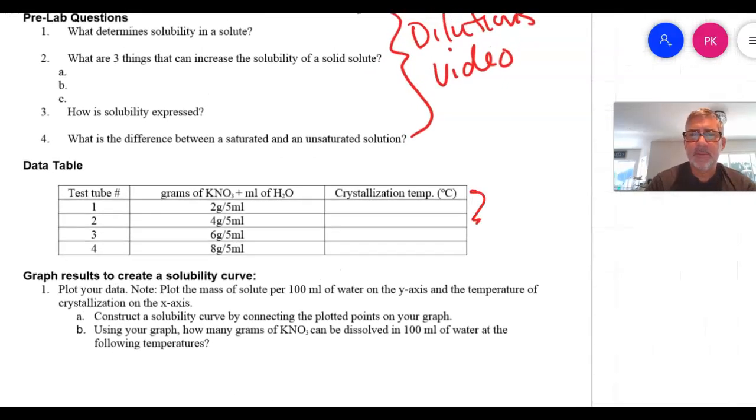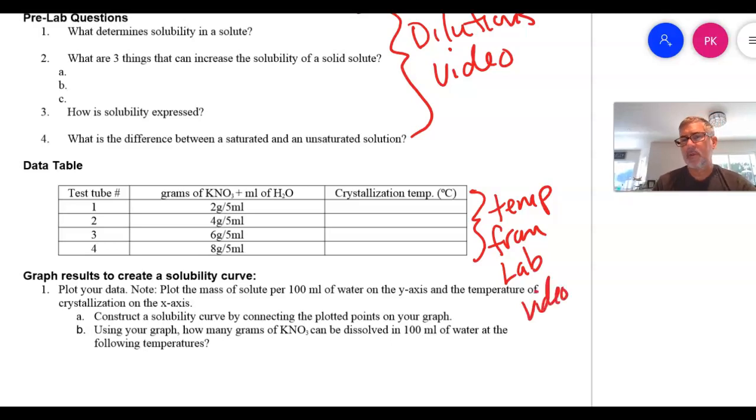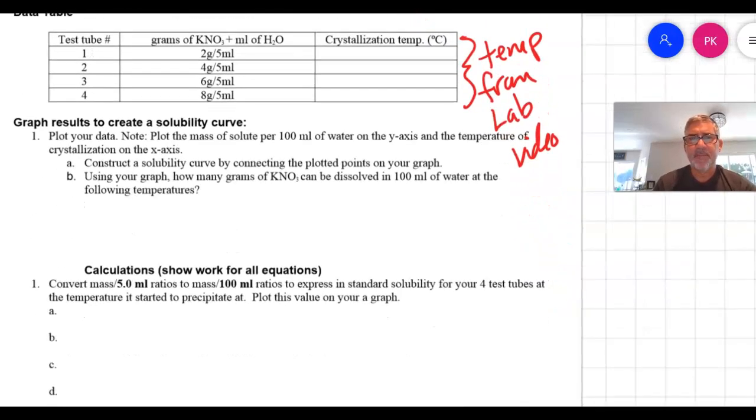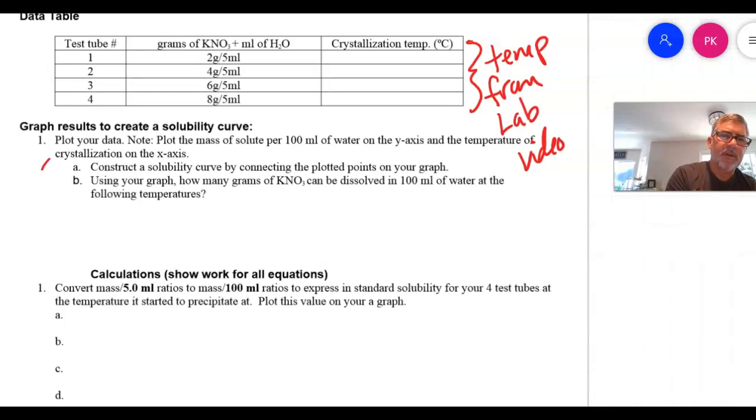So this crystallization temp here, this is the temp in the lab video. Right, so watch the lab video, it'll show you the 4 temps, and you'll simply enter those there. So this graph right here, you want to make a scatter plot.